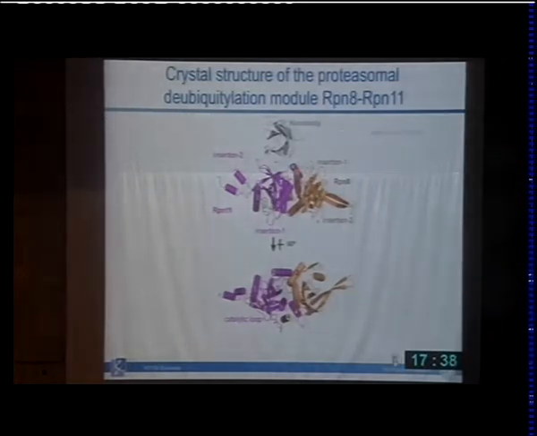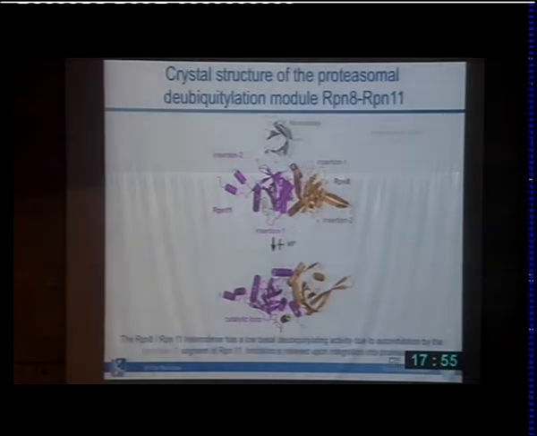So, it was important to refine the structure of RPN8 and RPN11, which we did again by X-ray crystallography, which was augmented or made possible by an auxiliary nanobody in this case here. So that is the heterodimer of RPN11 and RPN2. The interesting thing is that this recombinant heterodimer has very low basal deubiquitinating activity.